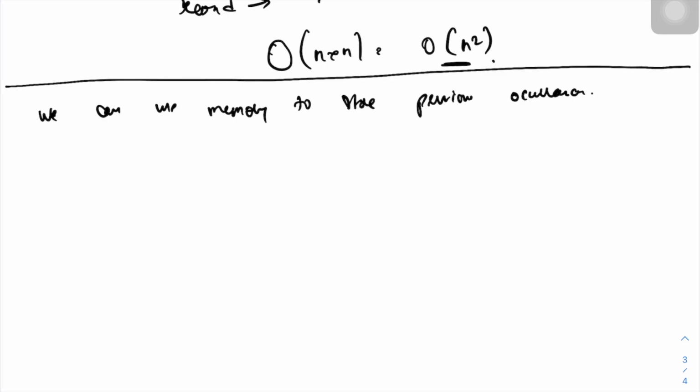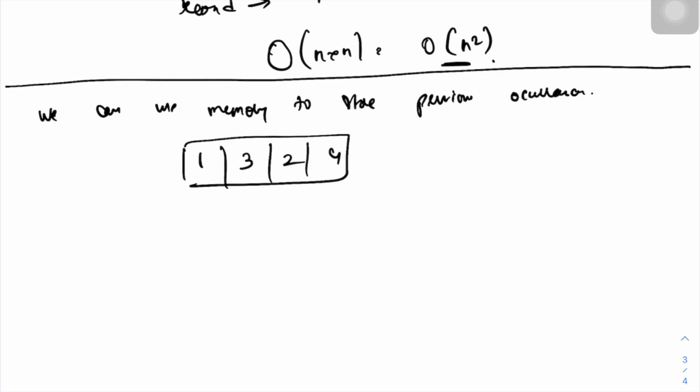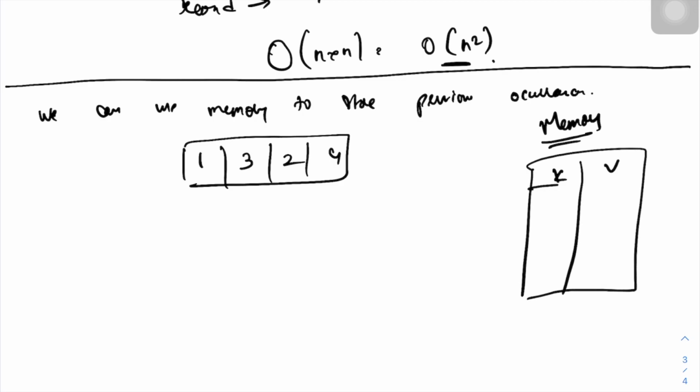So what we can do is memorize our previous occurrences. Let's take an example of the same array. For memory, I'll be using a key value pair memory so that my lookup time is drastically reduced to O of 1.